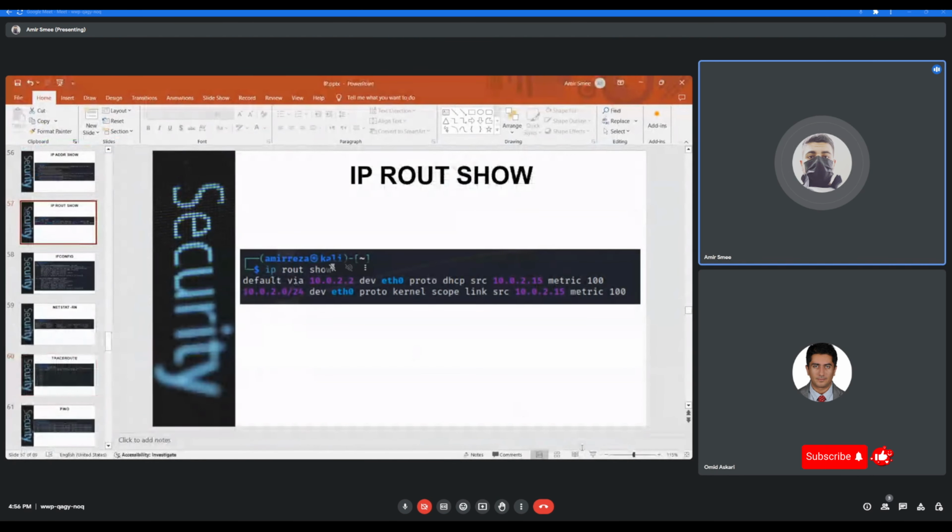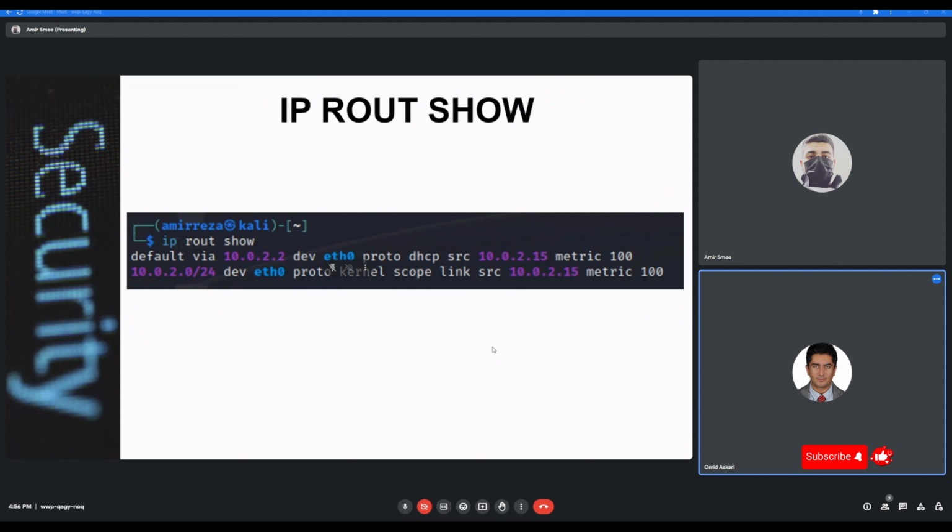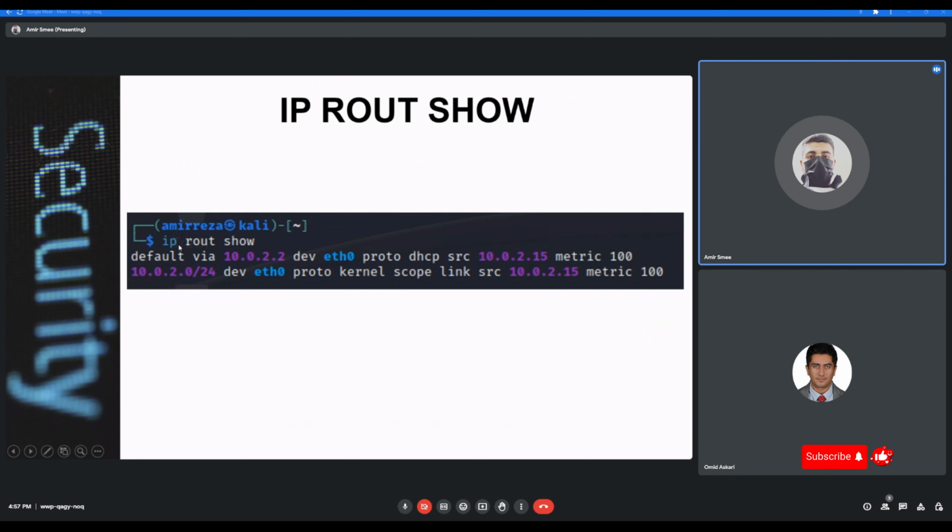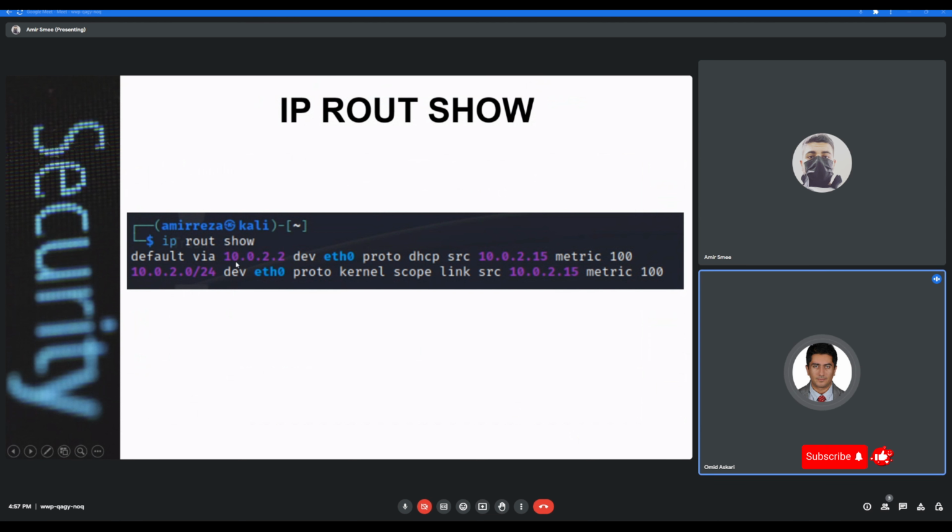IP route show, the command is not true. The command is true or not? I can't find a mistake in the command. I don't know. Can you help me? Could you search on the internet? Because you should type IP route show, at the end of route we have route.